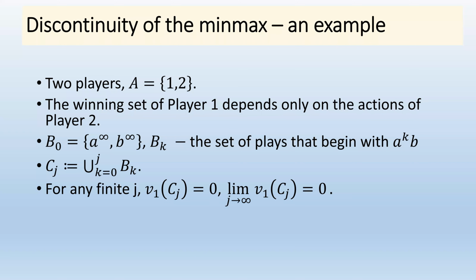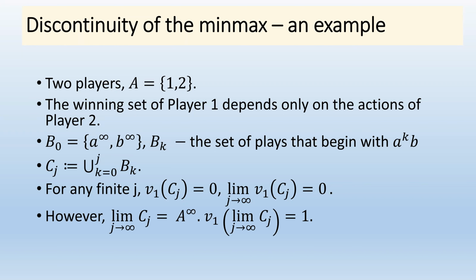For any finite J, 100, 500, it's clear that player 2 can avoid getting into this CJ. All he needs to do is to play J plus 1 times A and then B and then whatever, and then we're out of CJ. So for every finite J, the min-max of CJ is 0. Therefore, when we take the limit, it is still 0.